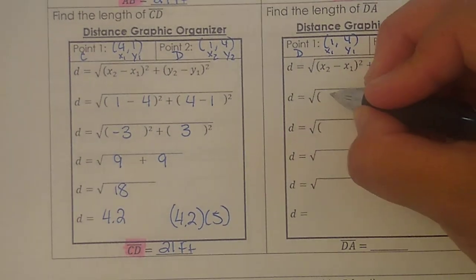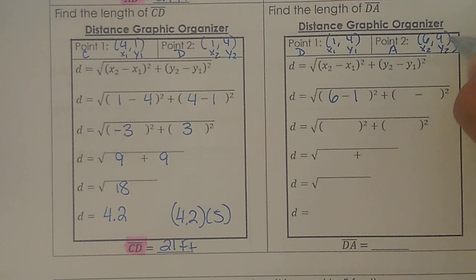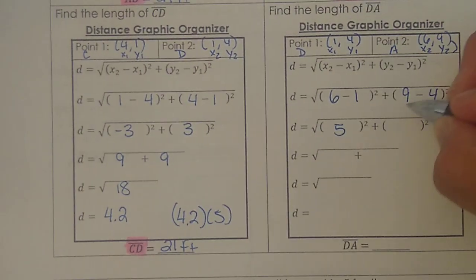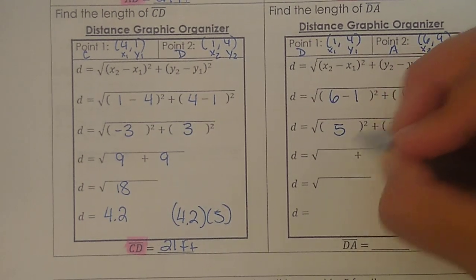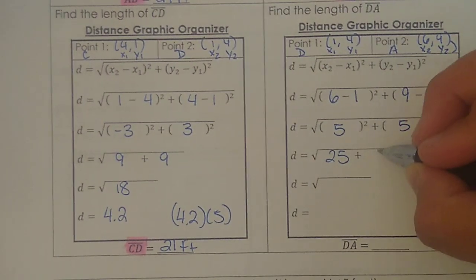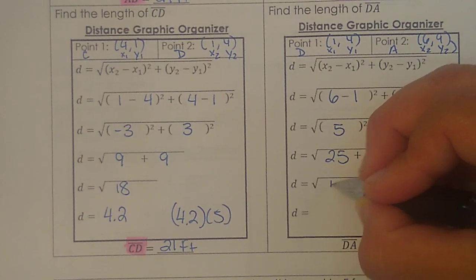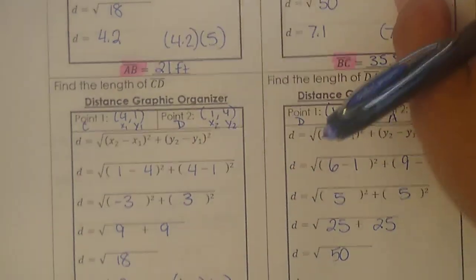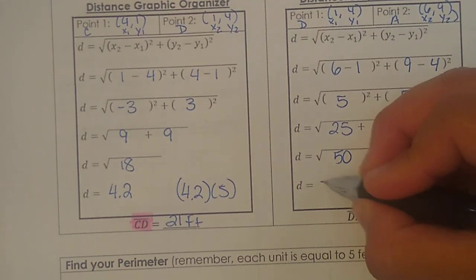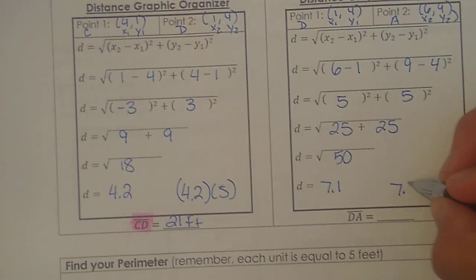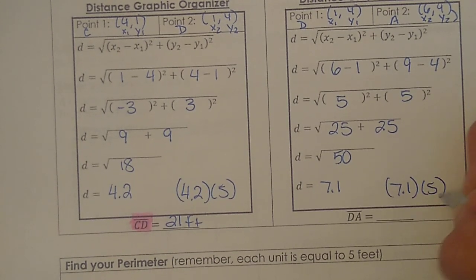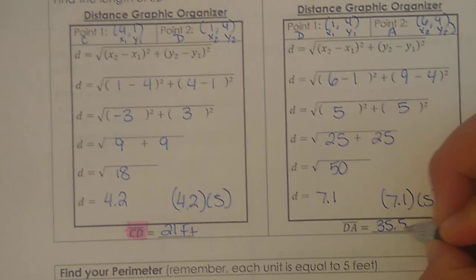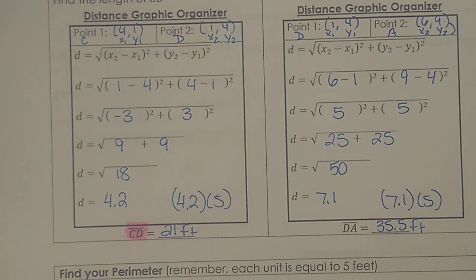So x2 is 6, x1 is 1, y2 is 9, y1 is 4, 6 minus 1 is 5, 9 minus 4 is also 5, 5 squared is 25, the other 5 squared is also 25, 25 plus 25 is 50. I already know, based on my problem above, that the square root of 50 is 7.1. I remember I have to multiply 7.1 times 5, but I already know that the answer to that is going to be 35.5 feet.